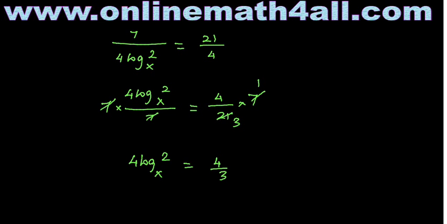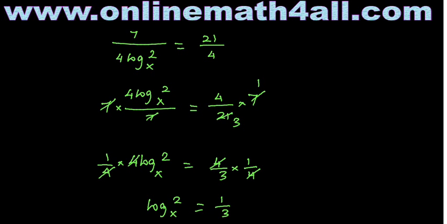Now I'm going to multiply by 1 over 4 on both sides to get rid of this 4. When I do so, this 4 and 4 will get cancelled. So we get log 2 to the base x is equal to 1 over 3.